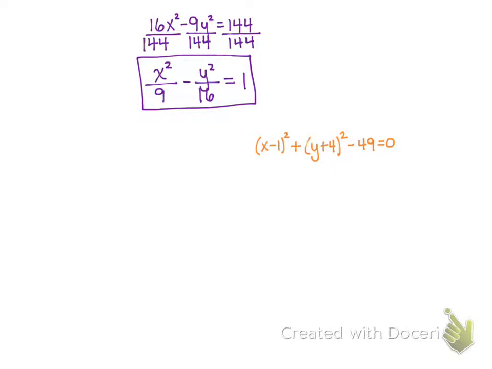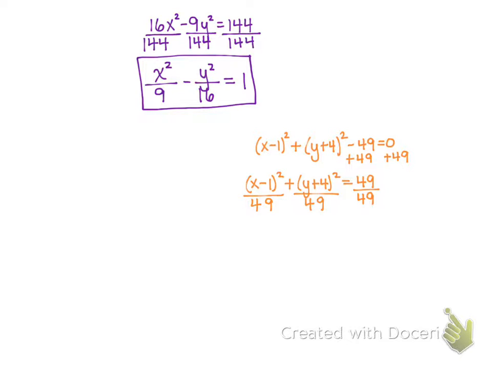So for the second one, first off, the constant is on the wrong side, so we're going to add 49 to both sides to start. So now it's equal to 49 and not 1, so we're going to divide all of these fractions or pieces by 49.